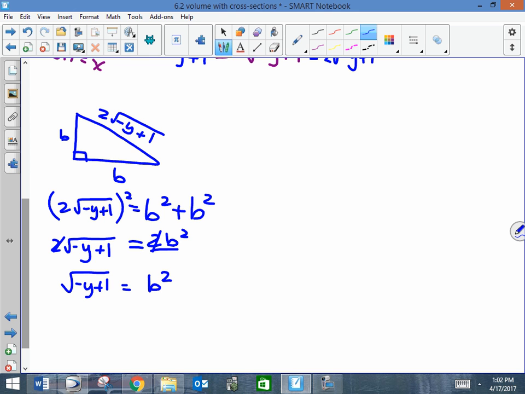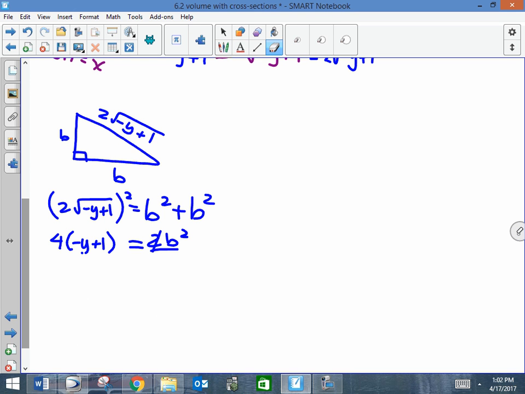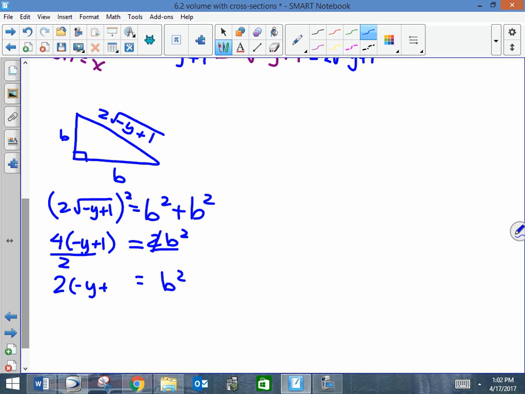Oops, I forgot to square. Sorry. Okay, so 4 times negative y plus 1 is 2 b squared. So b squared is 2 times negative y plus 1, which is negative 2y plus 2.